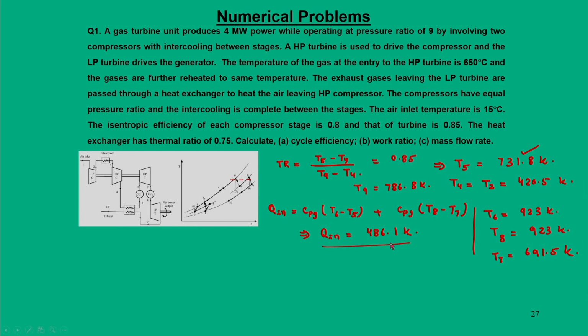So, we get Q in, and in the last calculations we also get Wt from the low pressure turbine, that is 156.43 kilojoule per kg.